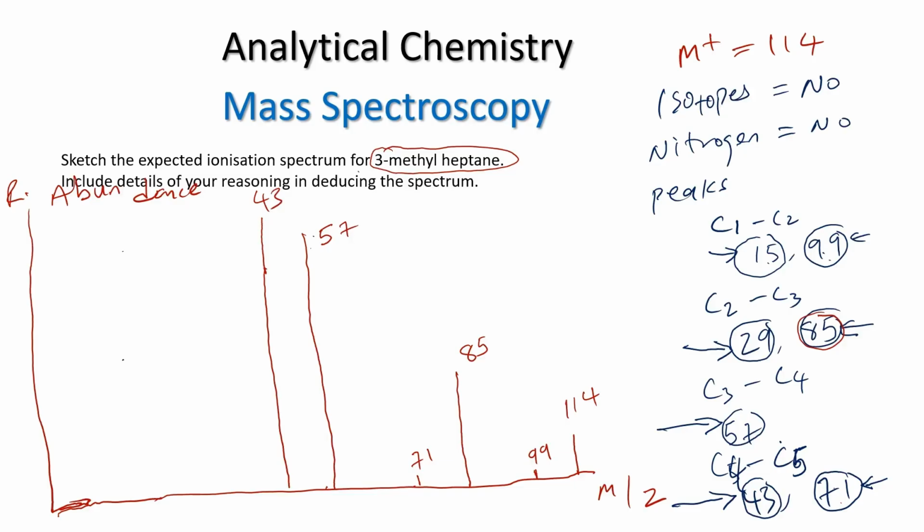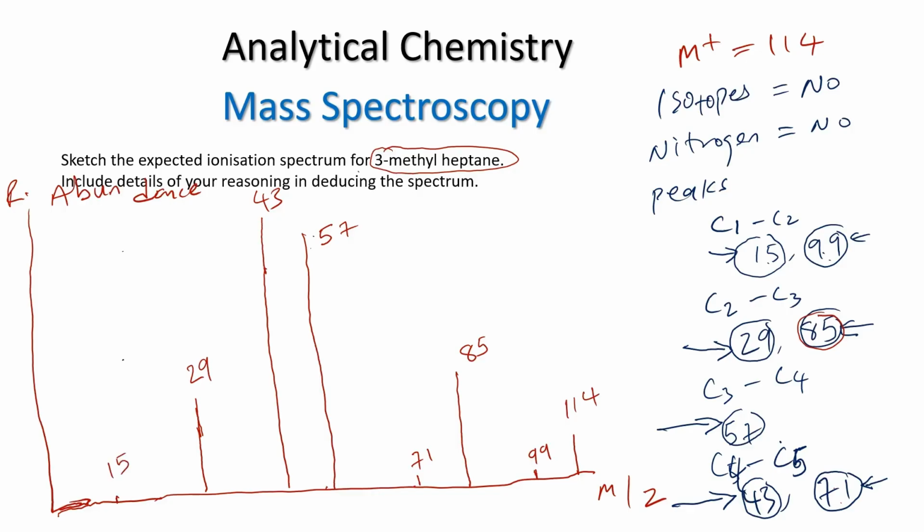We expect a peak at 29 here, and like I said, it's significant. After 29, the last peak is 15. The 15 methyl cation is not usually prominent, and sometimes it might not be visible in the spectrum. So let's just put this as our 15.